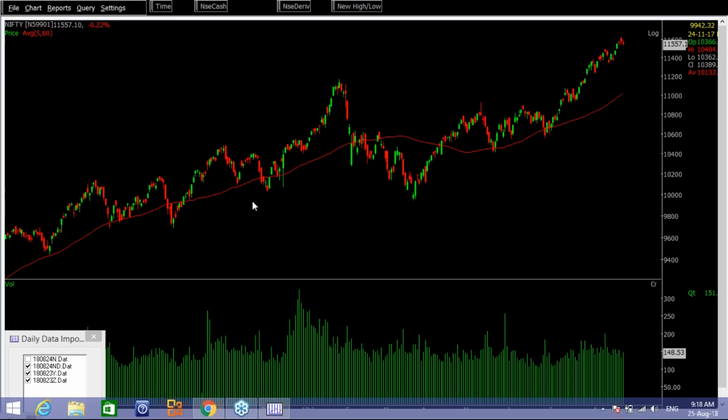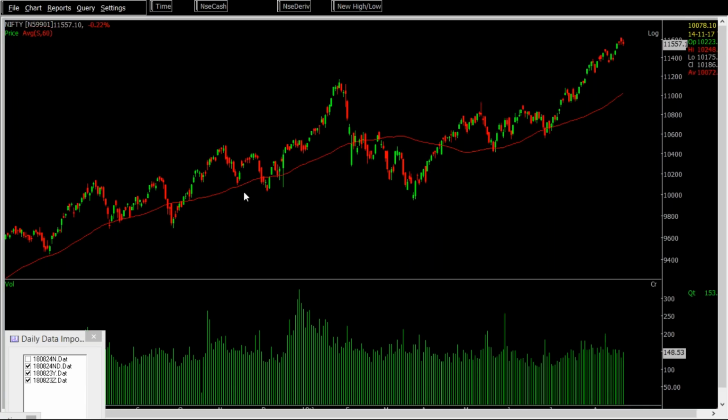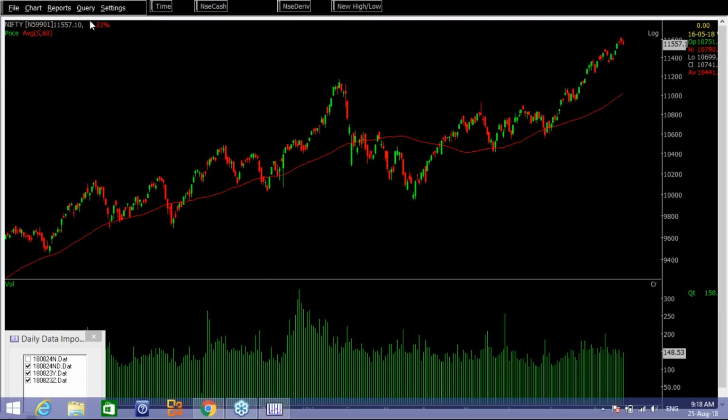Now, what happens is when you have such a scenario where you are seeing on a recurring note that a particular moving average is allowing you the luxury of... look at this area, look at these areas.